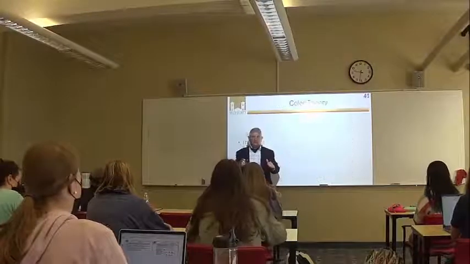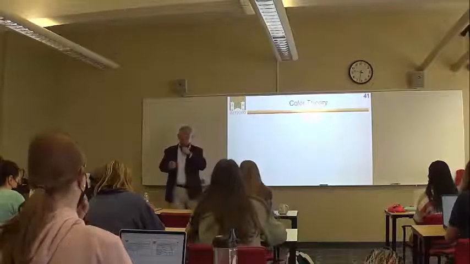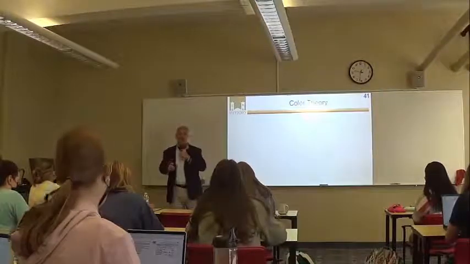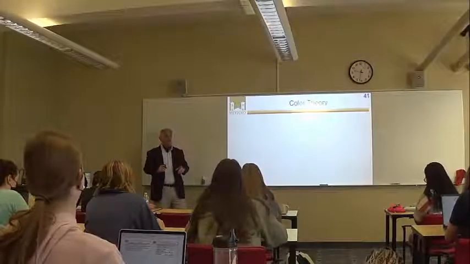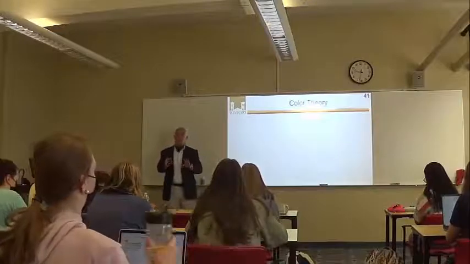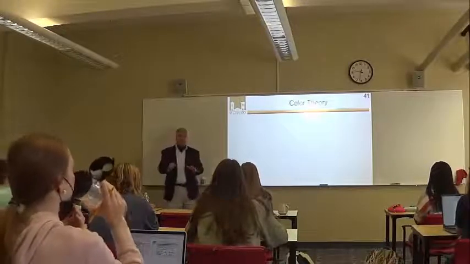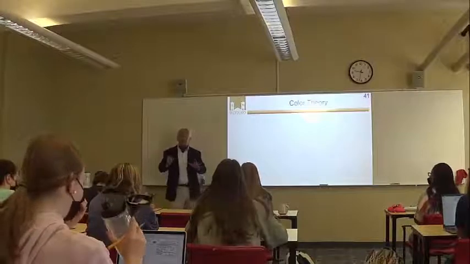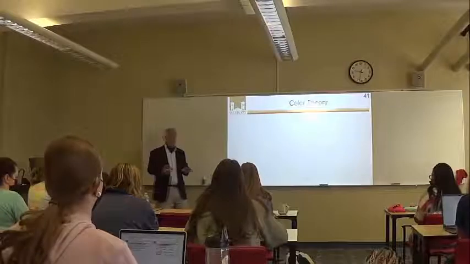Good. All right. So, I want to talk a little bit about neural coding in the visual system, which is complicated. So we're going to focus on color and what is the neural code for different colors as an example of how neural coding works in vision systems.